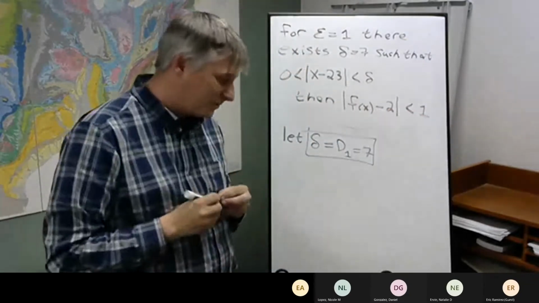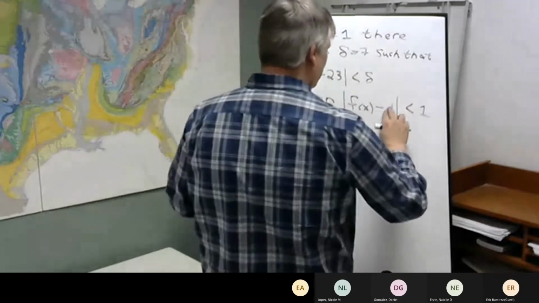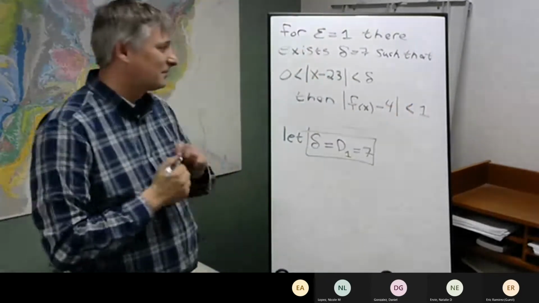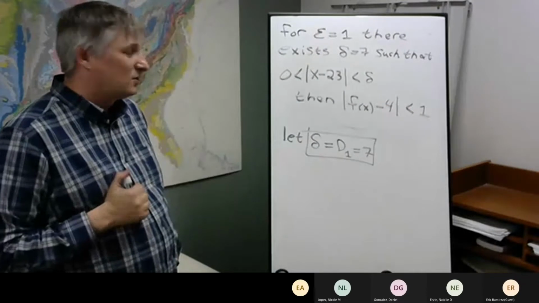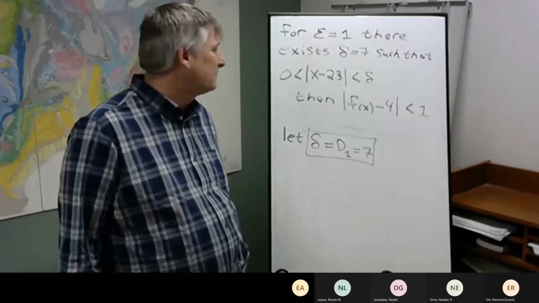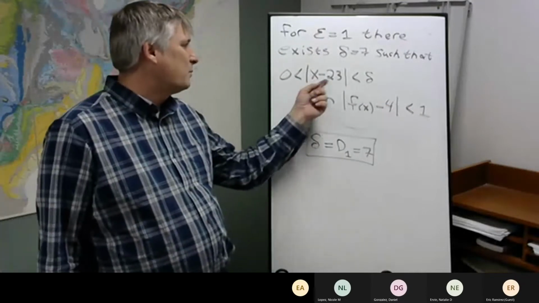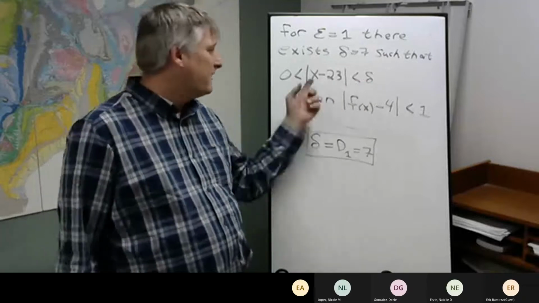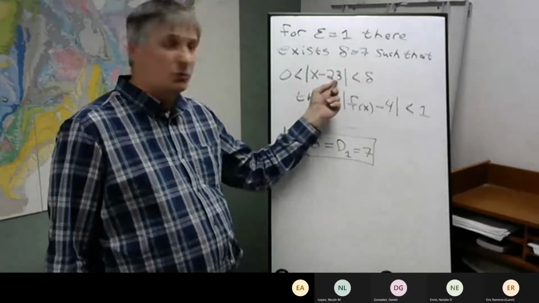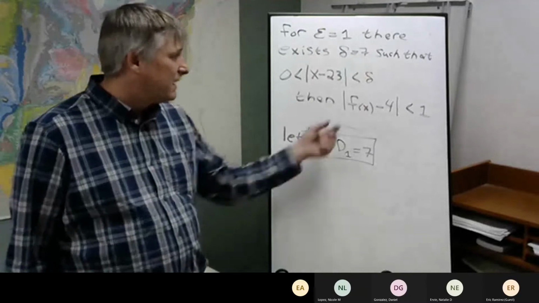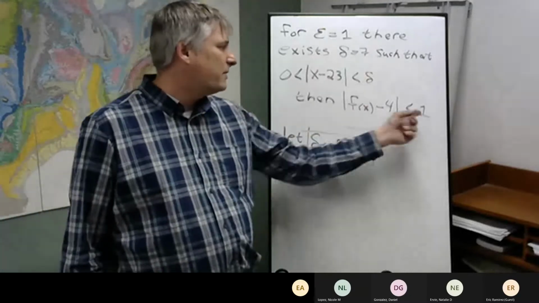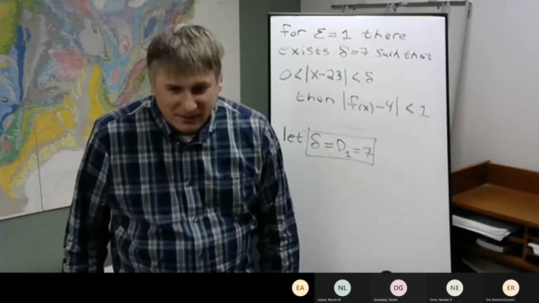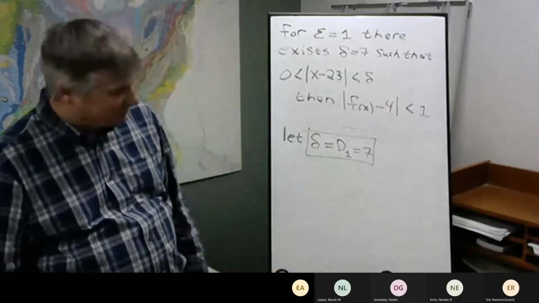And our L is equal to 4. Oh, sorry. So what it's saying is this. If X is within delta units of 23, or put another way, if X is within 7 units of 23, then f of X will be within 1 unit of the number 4. And that's it.